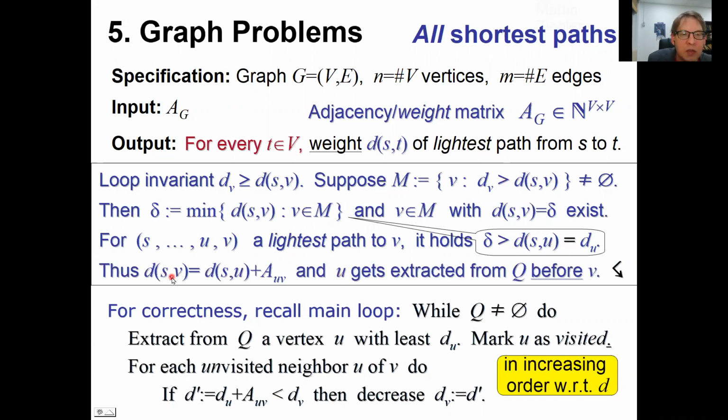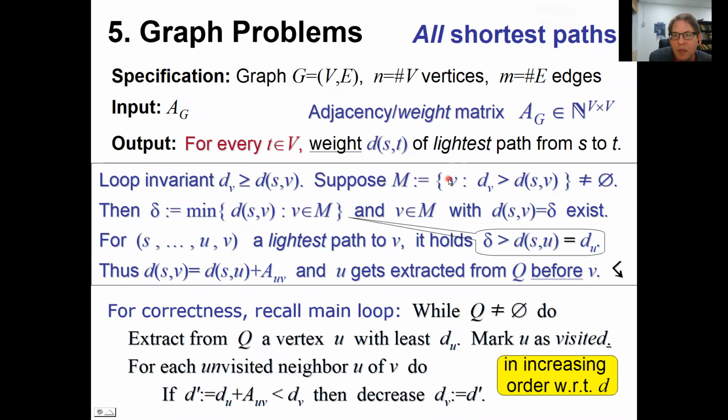So the distance from S to V is equal to the distance from S to U, which is the shortest path, plus the cost of the edge from U to V. And therefore, the distance from S to U is strictly less than the distance from S to V, and therefore it's not contained in the set M, right? Because this is the least delta, so this value is strictly less than delta. Delta is the minimum, so this value must not occur in this set here.